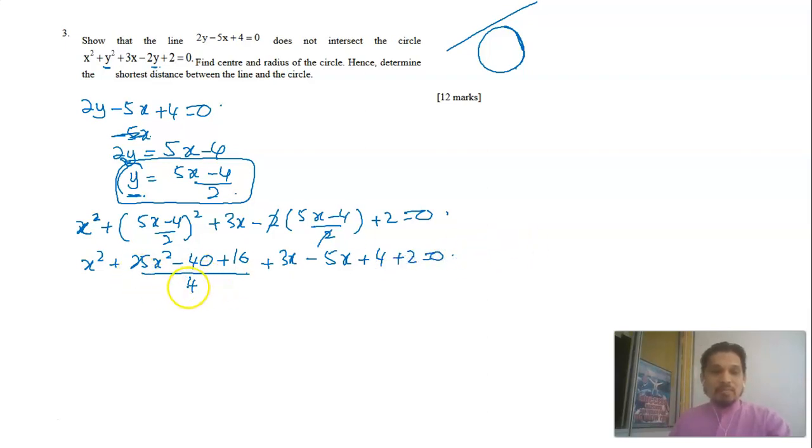So simplify this, multiply by 4, then we get 4x squared plus 25x squared minus 40x.